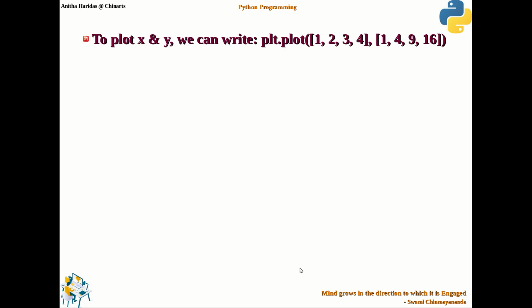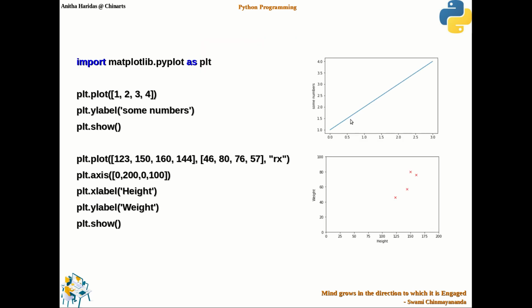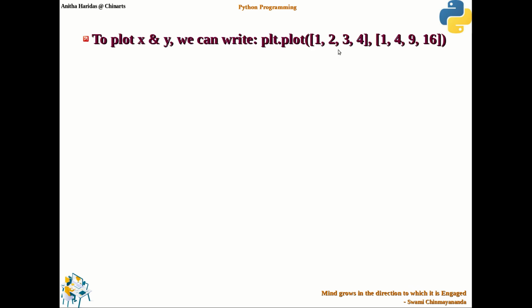If you want to plot x and y, as we had just seen, this is x values and these are y values. You have to give this particular plotting function with two parameters, x and y, for plotting x and y values.